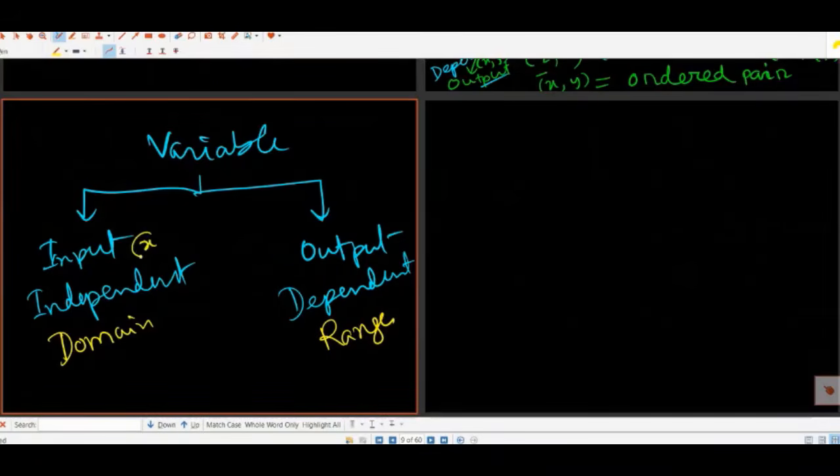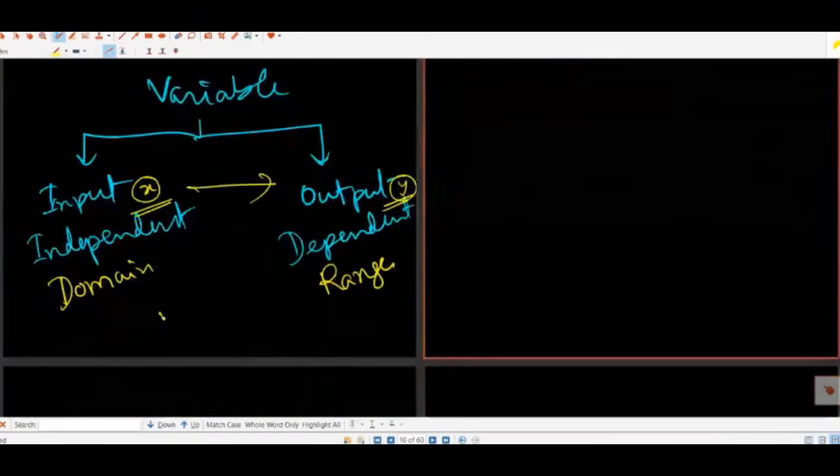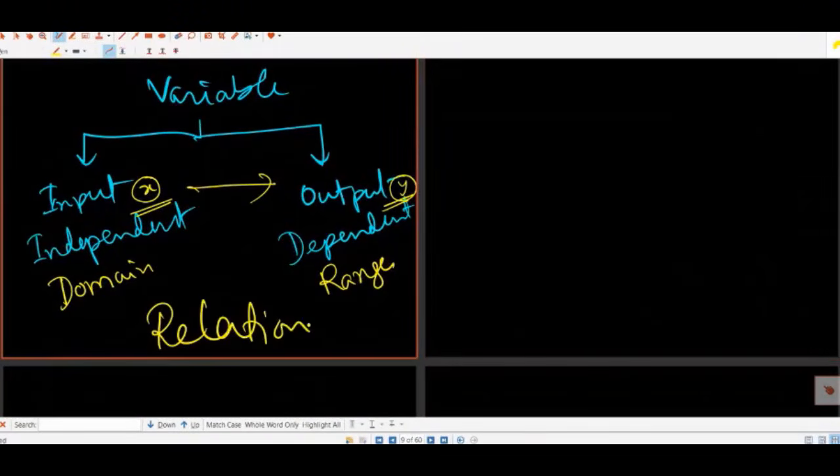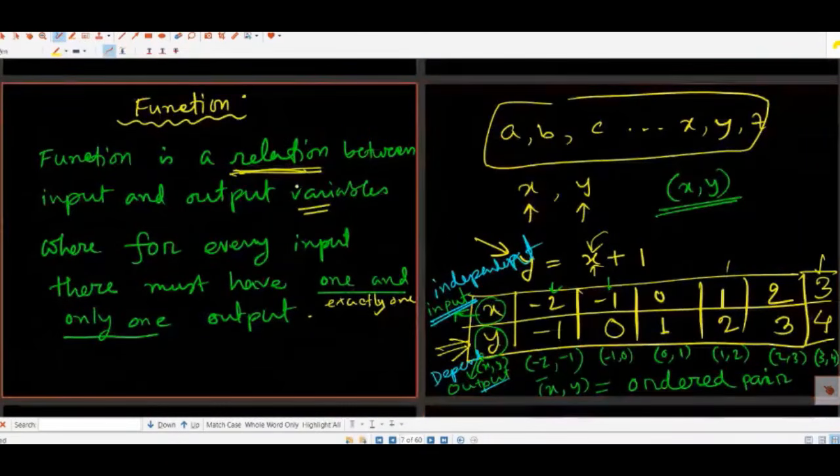So input is X, output is Y. Whenever we have found X, Y values, this is becoming a relation. So now we have understood that relation between input X and output Y.